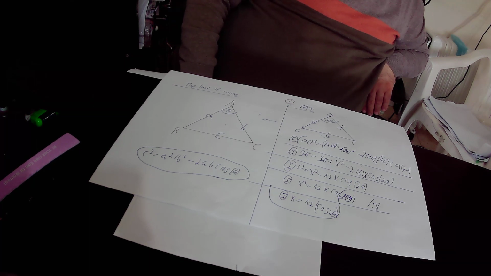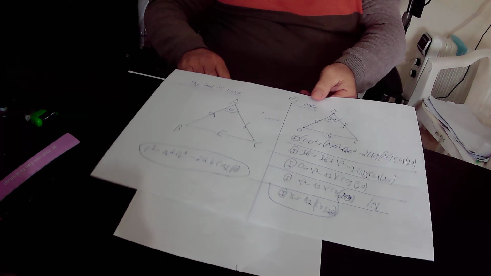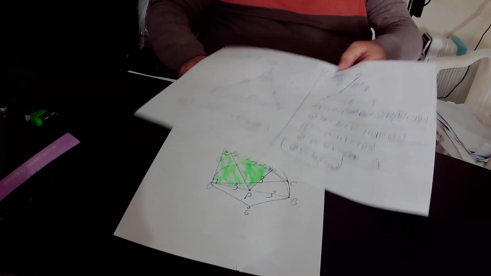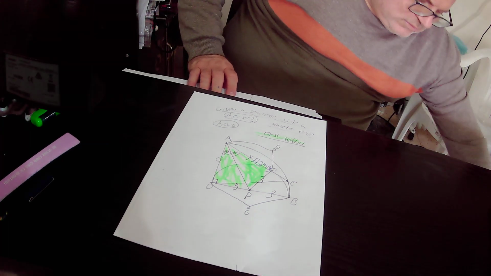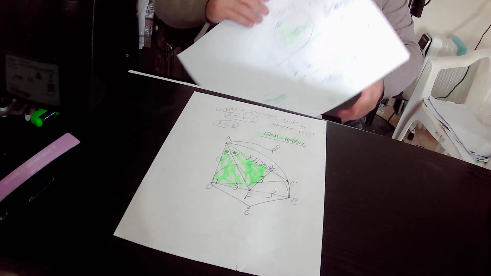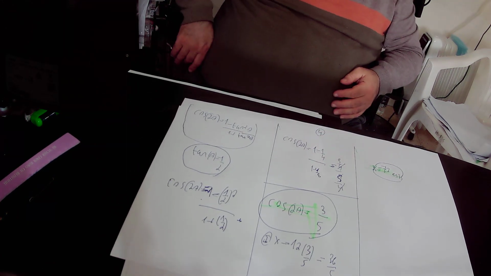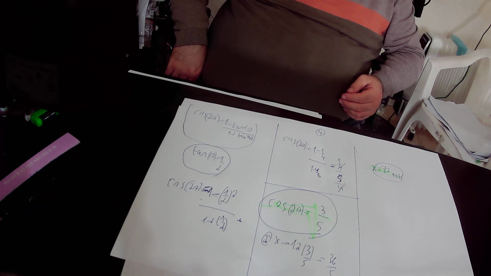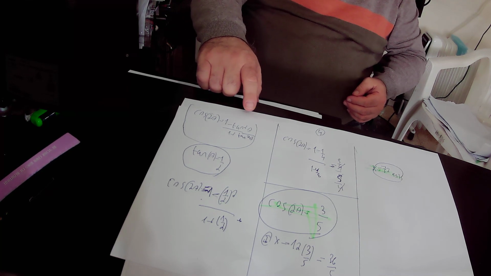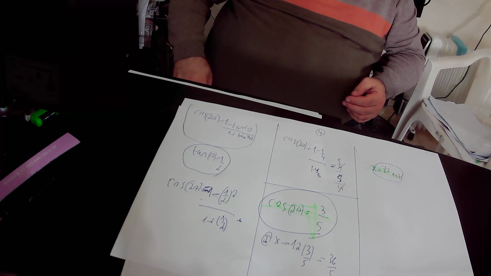So the only thing left to do is to find the value of cosine 2 theta, and in this way we will find the value of x, the segment that we are looking for. In order to find the value of cosine 2 theta, we have a trigonometric identity: cosine 2 theta equals 1 minus tangent squared theta over 1 plus tangent squared theta.